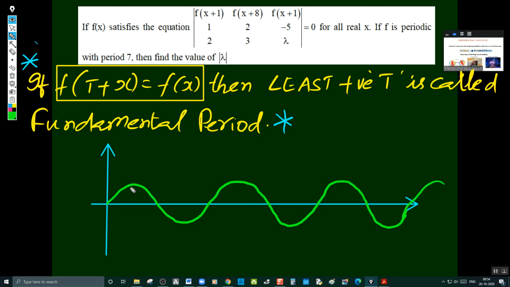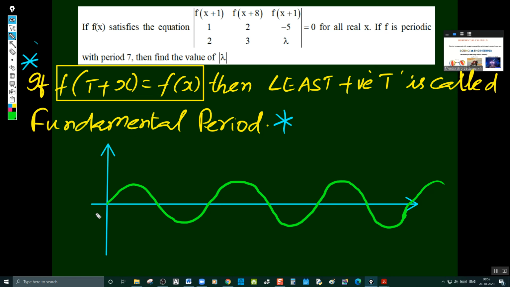A leap year is also periodic with period equal to 4 years. You can take the moon as periodic too. But cyclones, tsunamis, and earthquakes are all not periodic. So in nature also, some functions are periodic, some are not. Similarly in mathematics also, some functions are periodic and some are not.